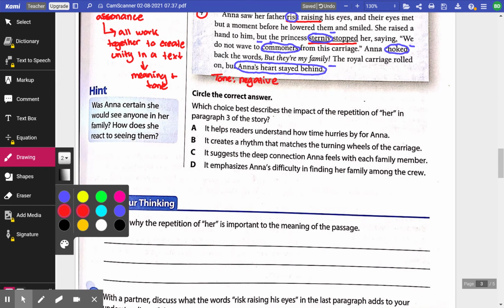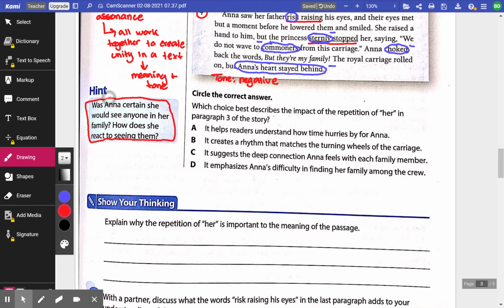So we know that we have this hint that's going to help us out. So let's look at it first. And it says, was Anna certain she would see anyone in her family? How does she react to seeing them? So if you remember back when we did part two, the text said that she might get to see her family. She didn't know that she would see them. She said she might actually have a chance, but it wasn't set in stone. So she didn't know that she would get to see them.